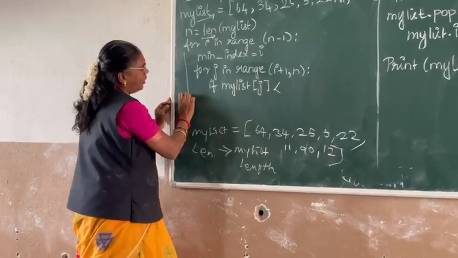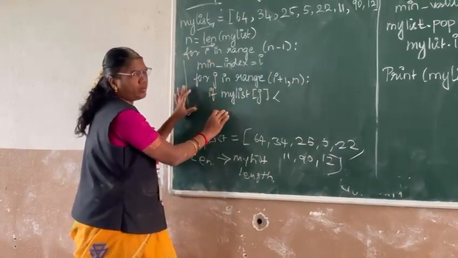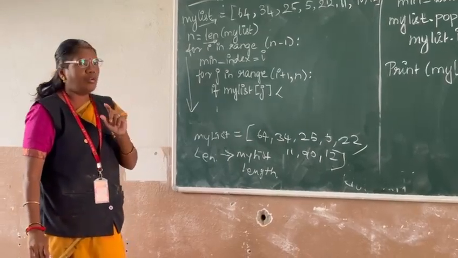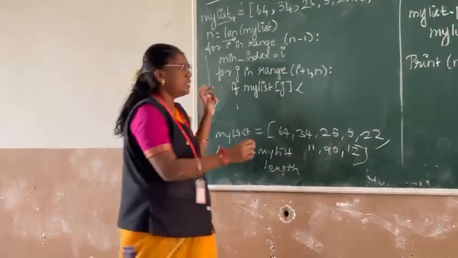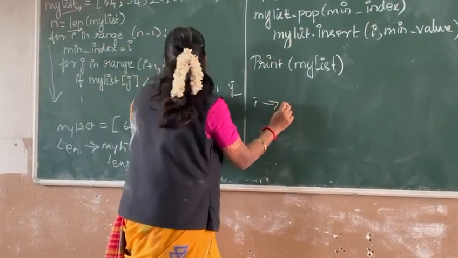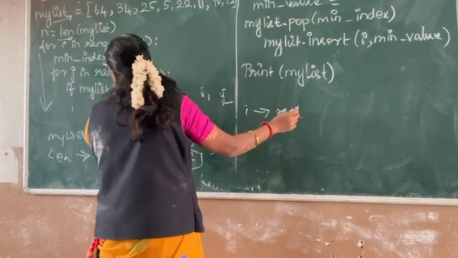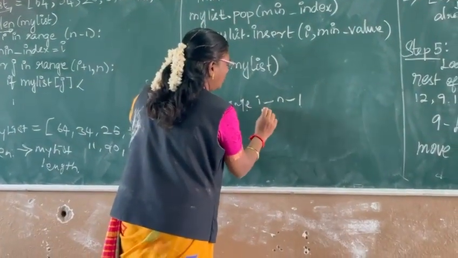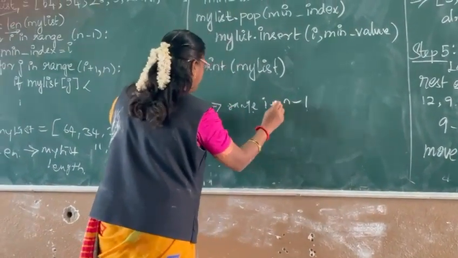For each and every value, we have to follow the following process. In that process, we have to follow two loops: one is the i loop and then the j loop. The i loop ranges from 0 to n minus 1.